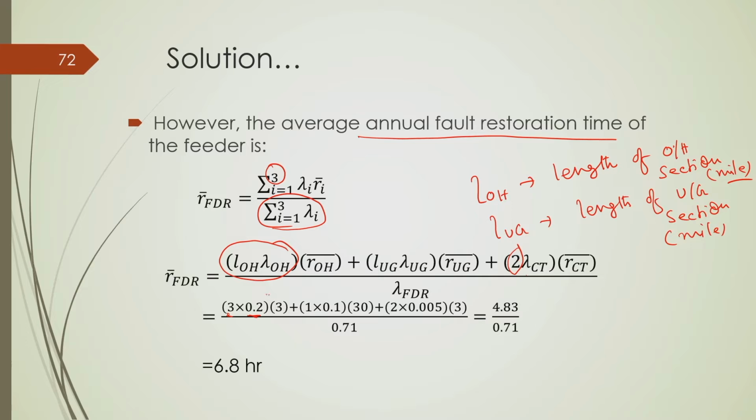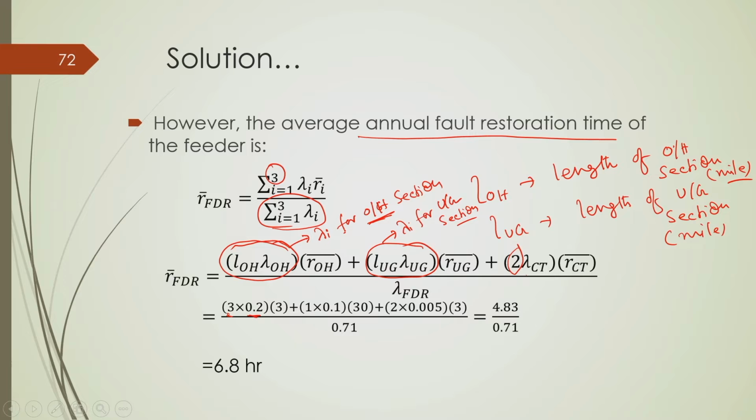Once you put all these values, LOH multiplied by lambda OH represents lambda I for the overhead section. I write overhead in short as OH. And similarly, this represents lambda I for the underground section. So, do not be confused with this.